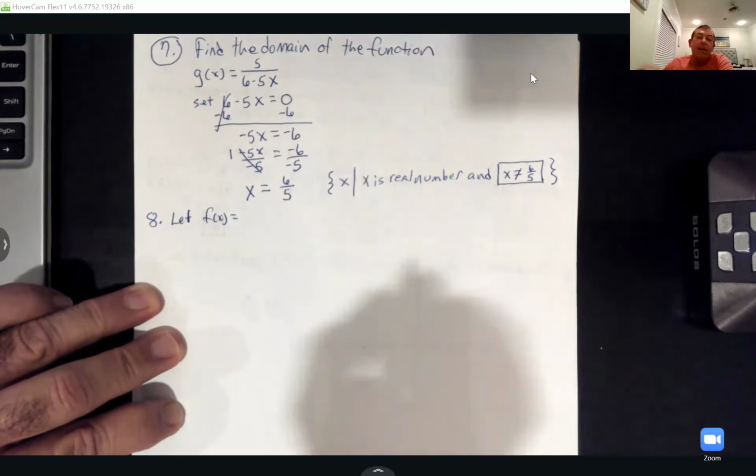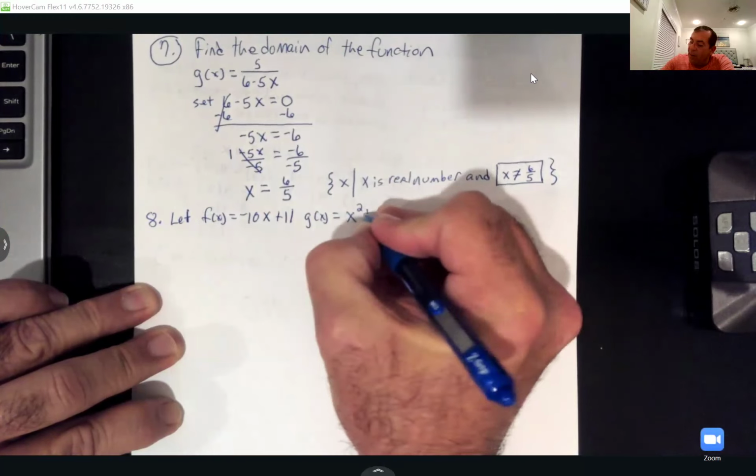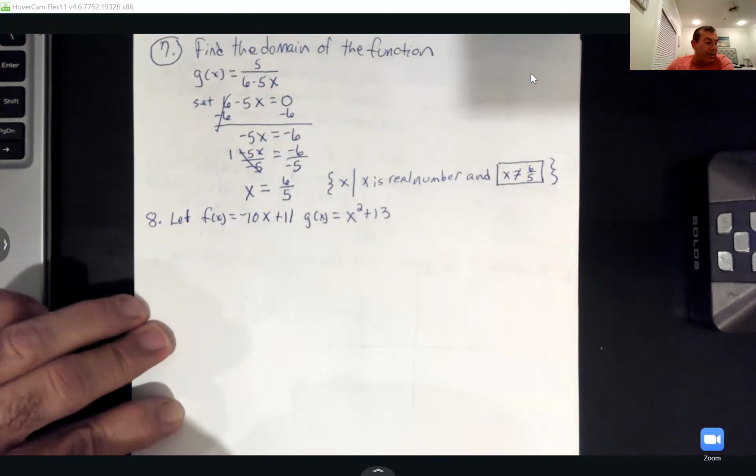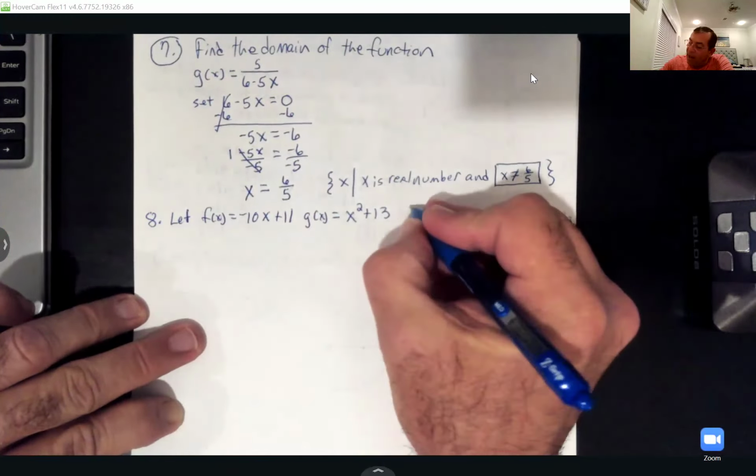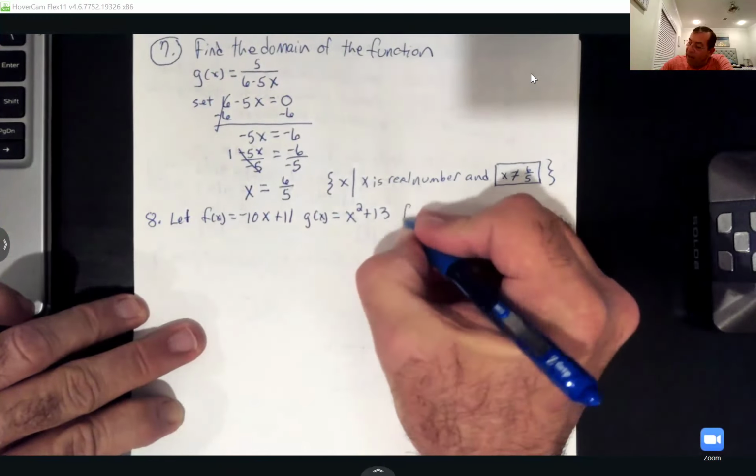G of x is going to equal x squared plus 13. They want me to find f of 8 divided by g of 8. So f of 8 divided by g of 8.